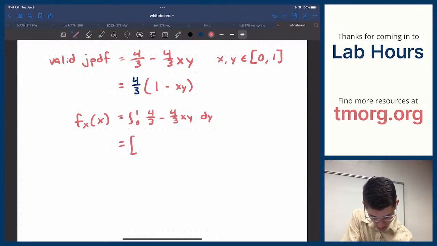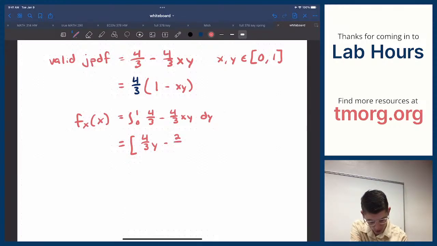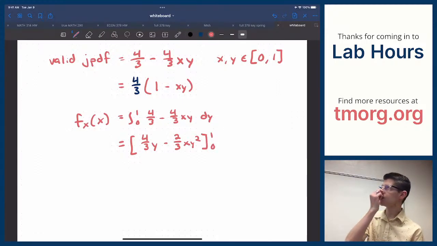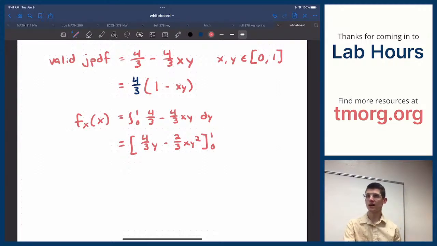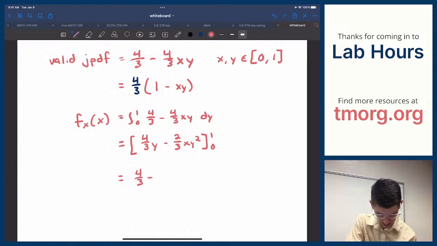That turns into 4/3 y minus 2/3 xy squared, evaluated from 0 to 1. I trust that you can see that when I plug in 1 for y and subtract what I get when I plug in 0 for y, it's going to turn into 4/3 minus 2/3 x.